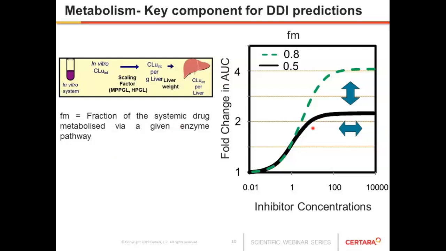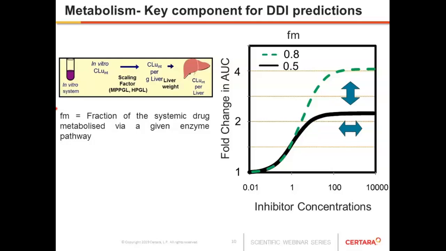This is worrying because it means that you are exposing the patient to a much higher concentration of ethinylestradiol. If the FM is much higher, then the fold change you're expecting is also going to be much higher. For instance, if you have an FM of about 0.8, then you're expecting about a four-fold change in AUC. So getting a good handle on the FM for a particular pathway that you're interested in enables you to make accurate predictions of your DDIs.